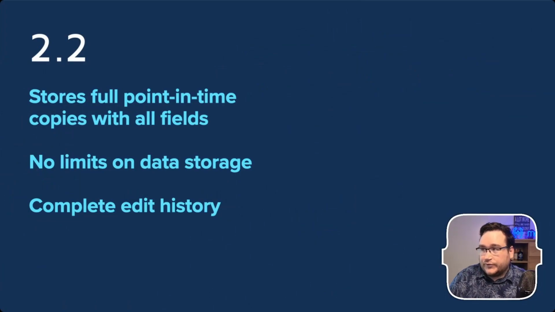So the biggest change in 3.0 is how the data is stored. In version 2.2, the latest version, VersionX basically stores entire copies of the resource or your elements with all the different fields, all the different data that is attached to it.